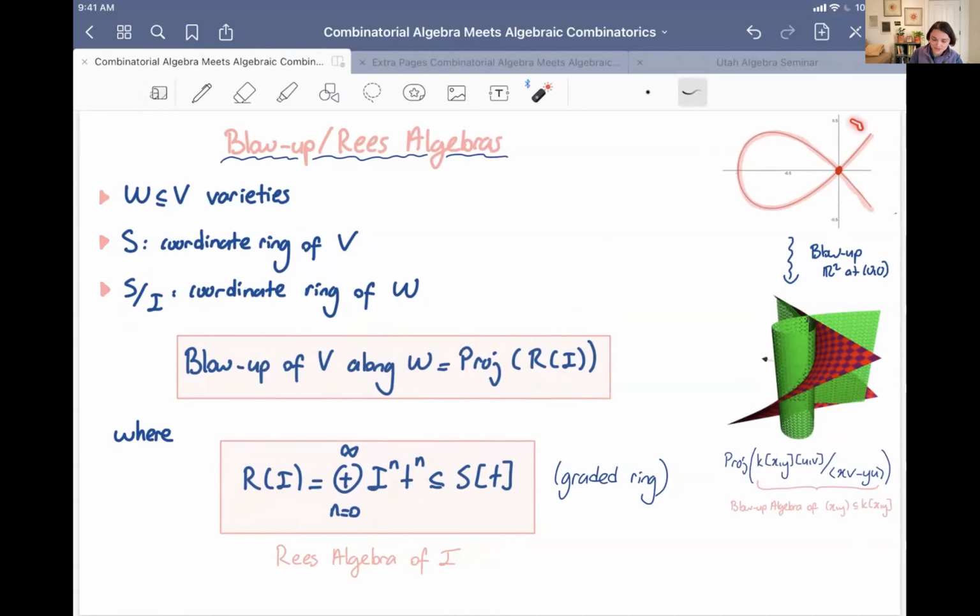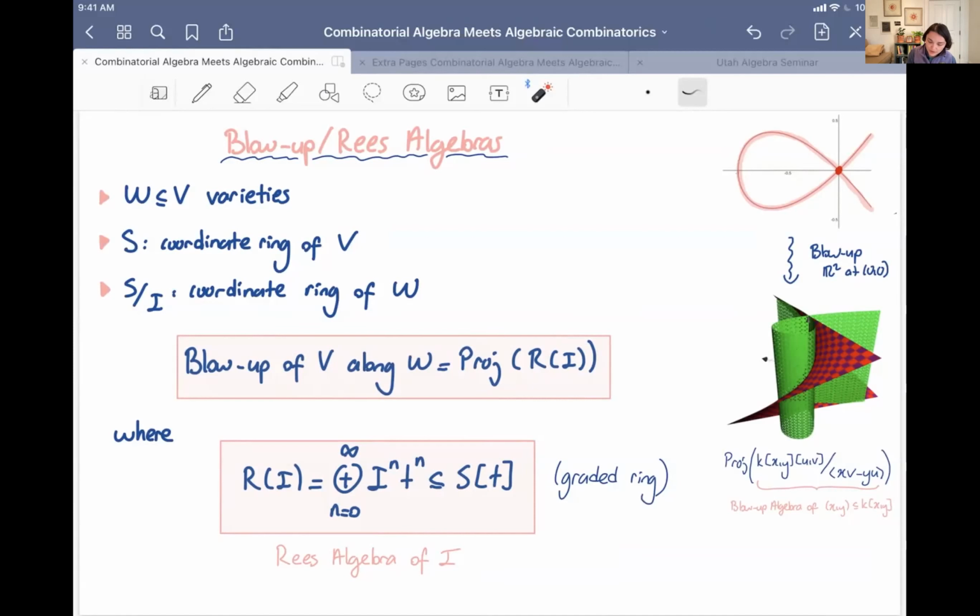And we have this picture here. When you look at the first picture on the upper right corner, this curve has a singularity at (0,0). The way to resolve it is by blowing up R^2 at the origin. When you blow it up, you get this space here, and then you move along your curve and resolve the singularity by looking at the intersection, right?